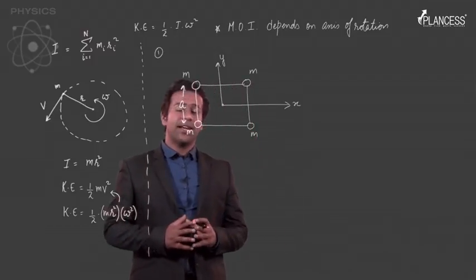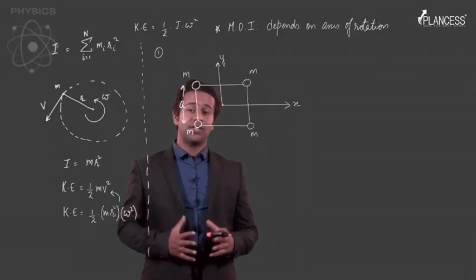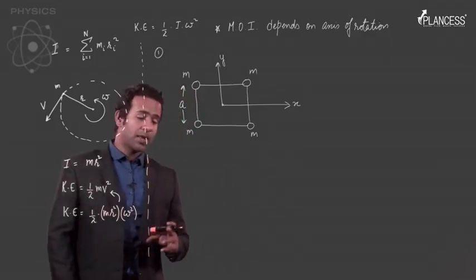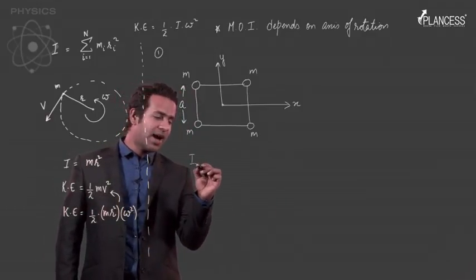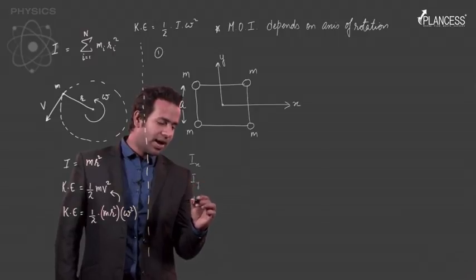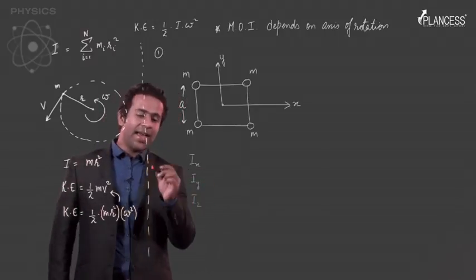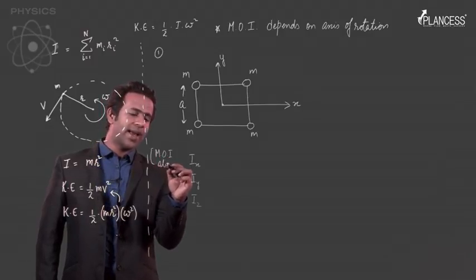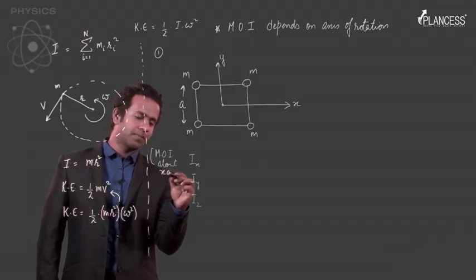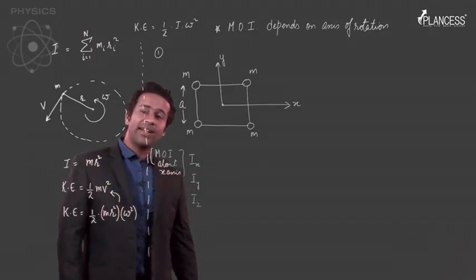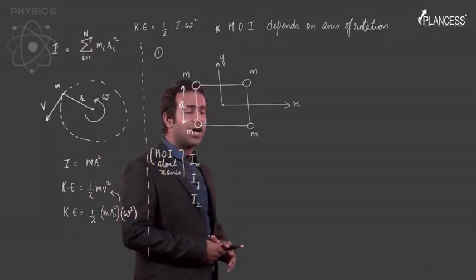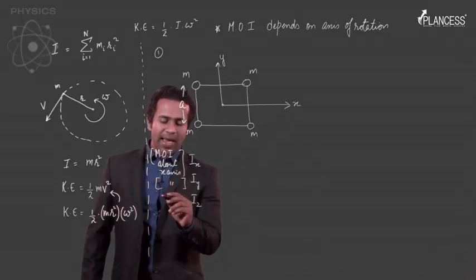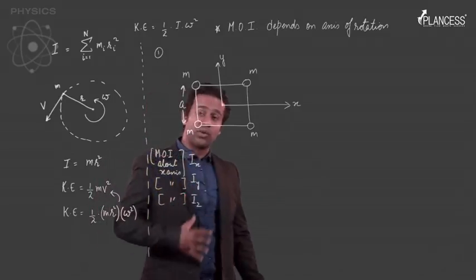Since we have said that moment of inertia depends on axis of rotation, we can have three values for moment of inertia. Let me first write them as Ix, Iy and Iz. Now Ix is moment of inertia about x-axis, right? Similarly, Iy would be moment of inertia about y-axis and Iz would be moment of inertia about z-axis.